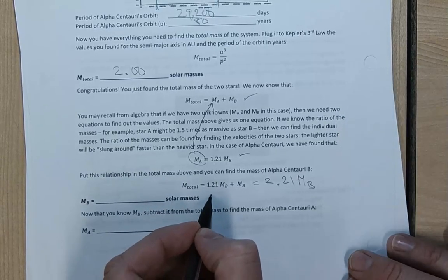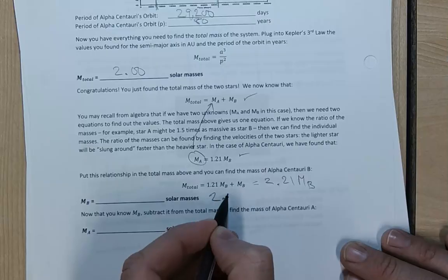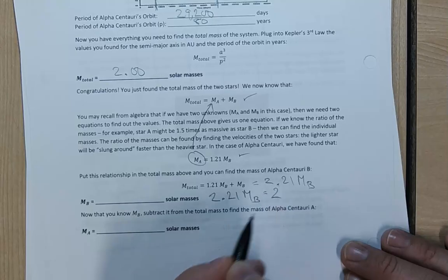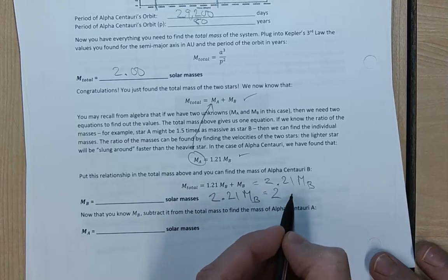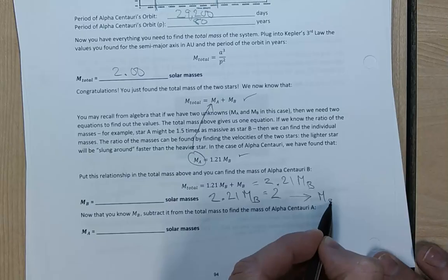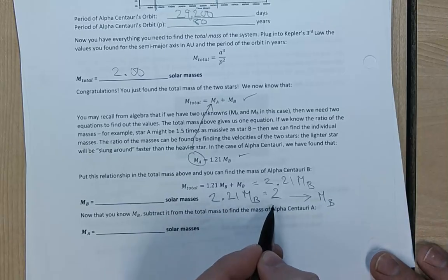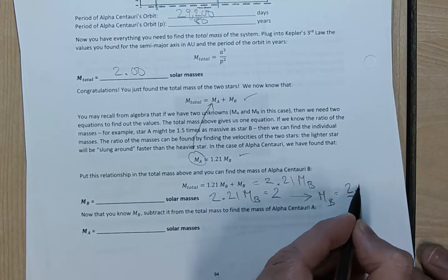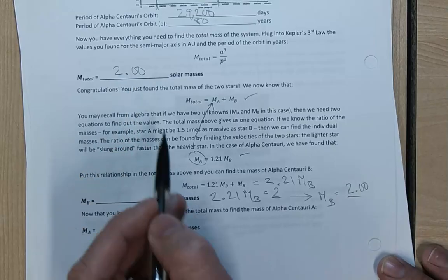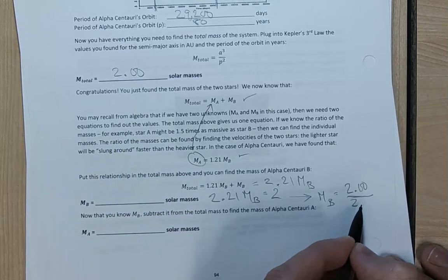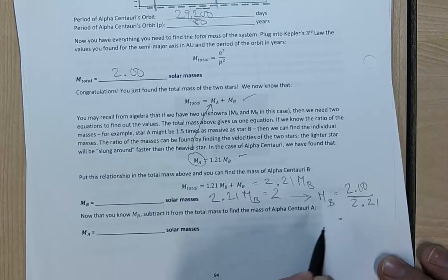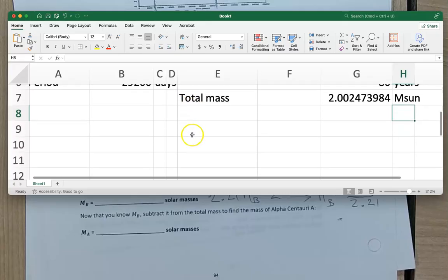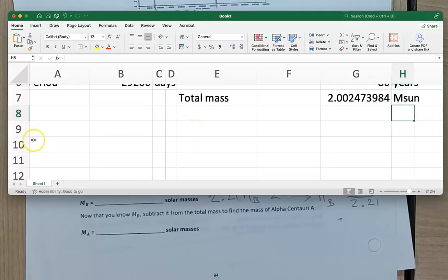So now the total mass, 2.21 MBs, equals the total mass, which is 2 solar masses. So then the solution for MB, if we divide both sides of the equation by 2.21, the mass of star B is 2.00, since we had all these significant digits over here, divided by 2.21, which is, I don't have my calculator, but a spreadsheet is a calculator, so I'll just make my life easier here.